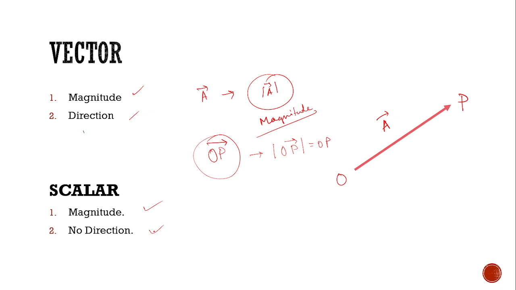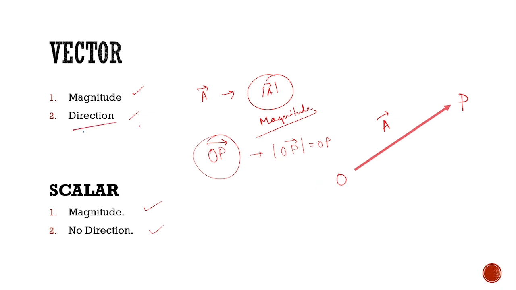So let us say that we are discussing vector and scalar. Now, addition and subtraction for scalars is very easy because we only have to consider the magnitude, but in the case of vectors it is quite different because we have to take the direction into consideration.